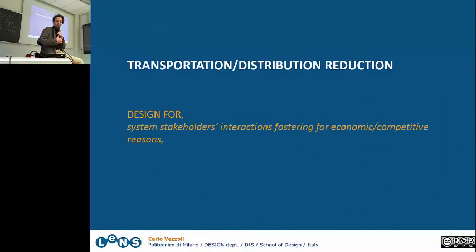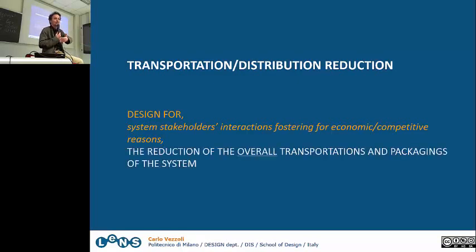Another criterion is transportation and distribution reduction. So it means to design, now you should know the words and speak on my behalf, such a stakeholder interaction that for economic and competitive reasons leads to what? Transportation and distribution are linked to transportation, but also packaging, so that the business model is made in a certain way that the companies are interested in reducing the overall transportation and packaging.